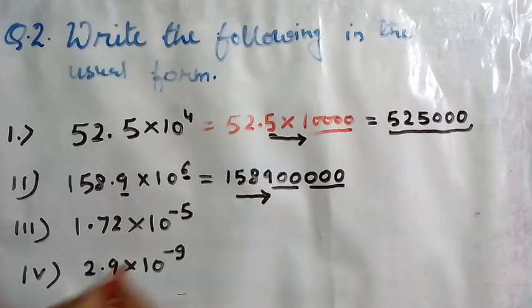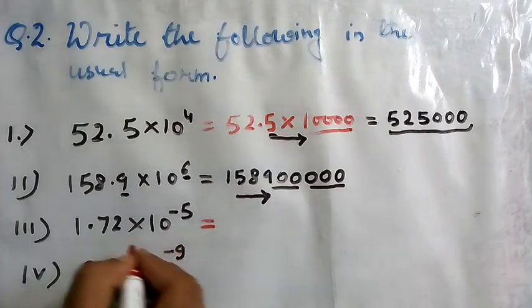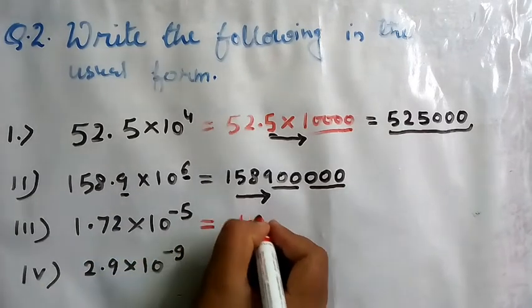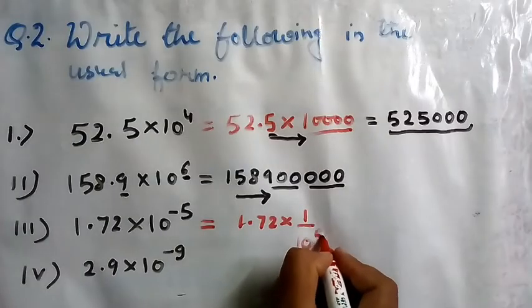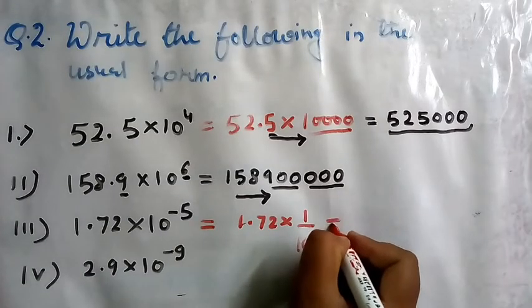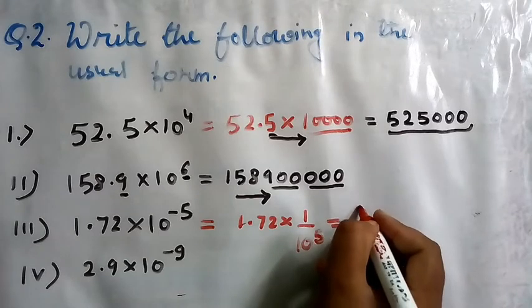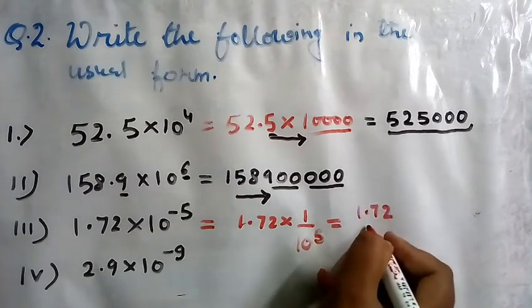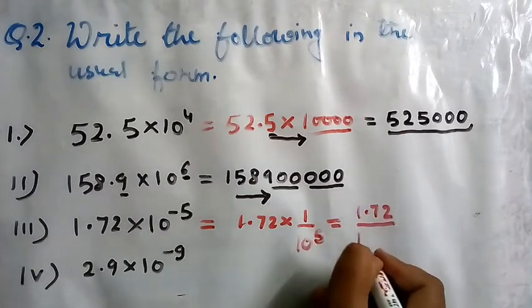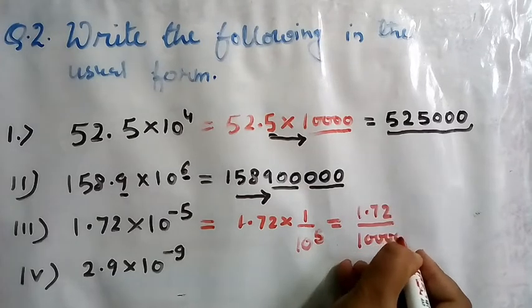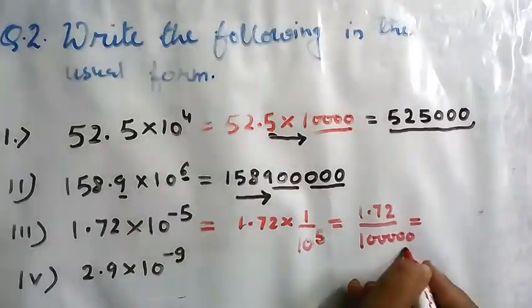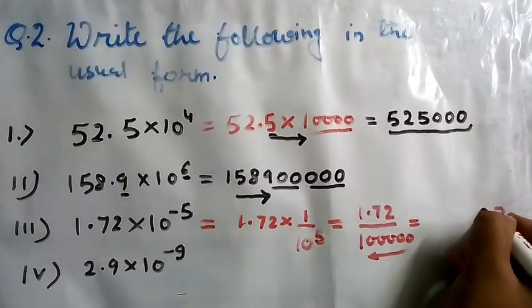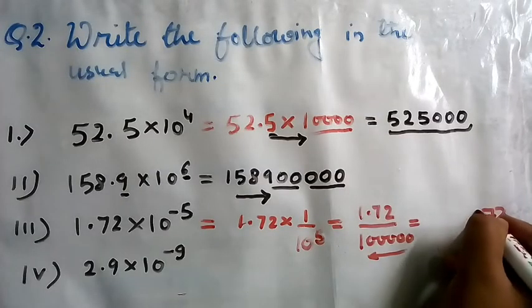Next is the number where the power is negative. Let us verify. Here 10 raised to power minus 5 means 1 upon 10 raised to power 5. So 1.72 upon 10 raised to power 5 means 10 will be multiplied 5 times, it is 1 lakh. And this will be equal to, now shift the decimal toward the left side.